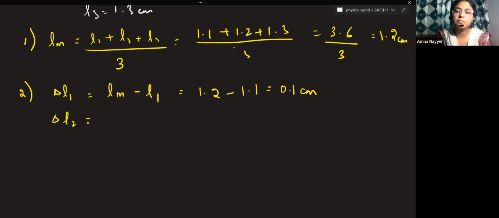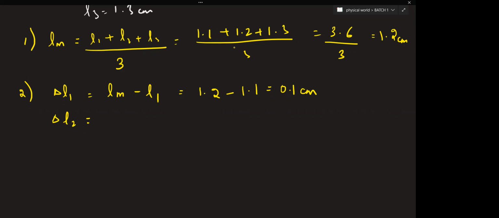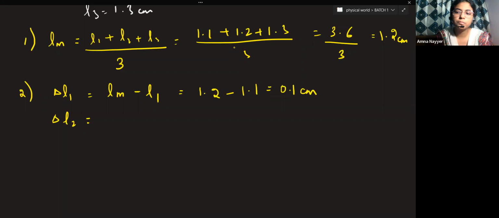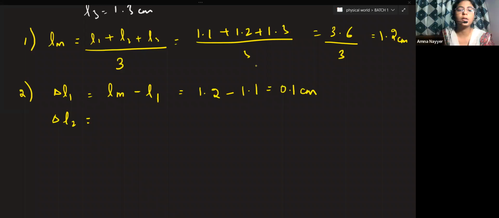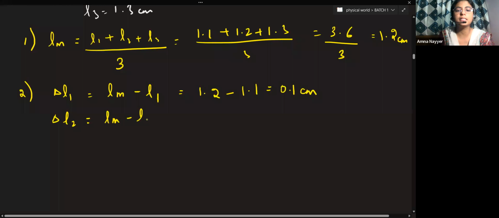L_M minus L2. Clear, Fahad? Okay, it will be L_M minus L2. So L_M is 1.2 that we have calculated. L2 is what? L2 is also 1.2. So this is 0 centimeters.